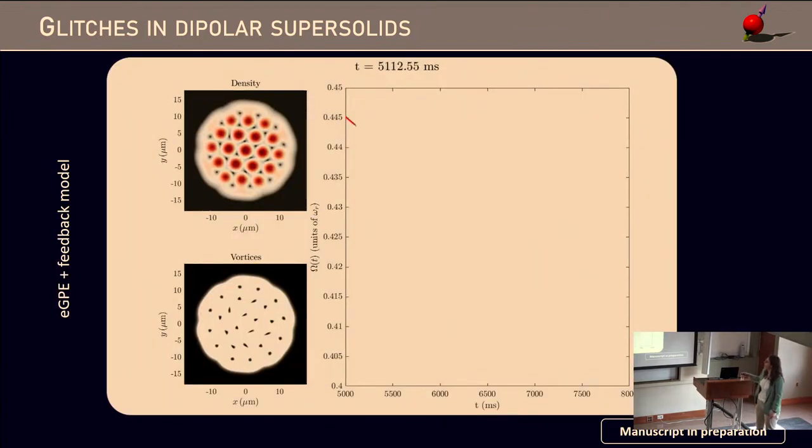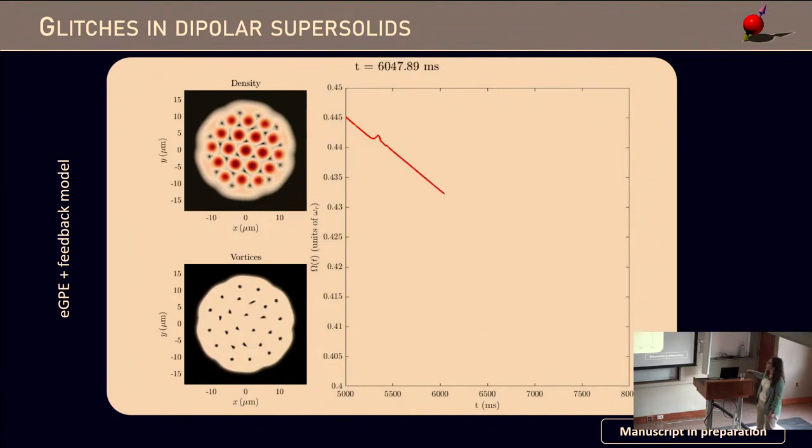So this is our supersolid with the vortices. Now, if you focus on this, a vortex is leaving, another one is taking its place, and you also have other unpinning of vortices, and this corresponds to the point in which omega, the rotation frequency, suddenly spins up.